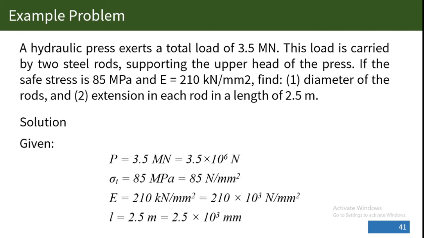So we are given the load P equal to 3.5 meganewtons, or 3.5 million newtons. We have sigma sub T, the maximum tensile stress, of 85 megapascals, or 85 newtons per square millimeter.